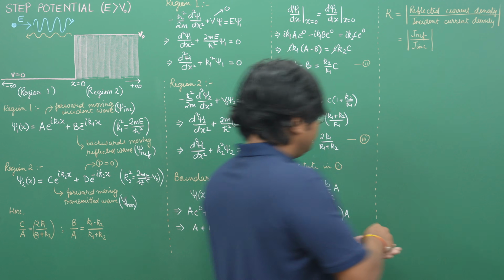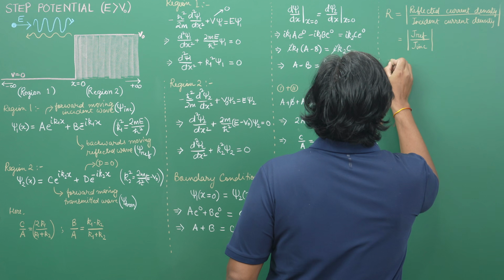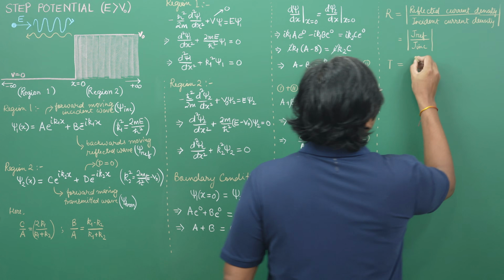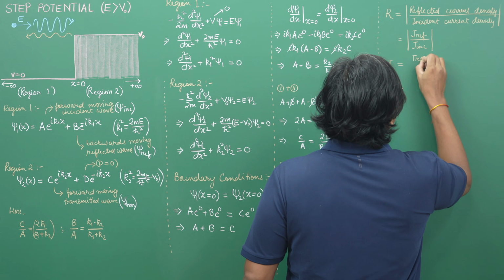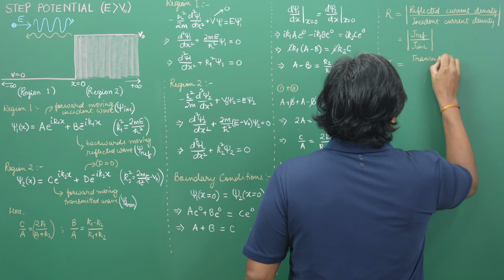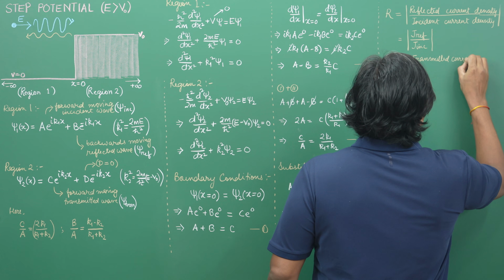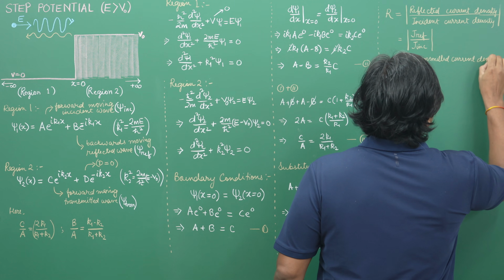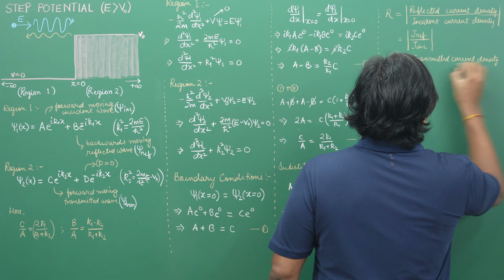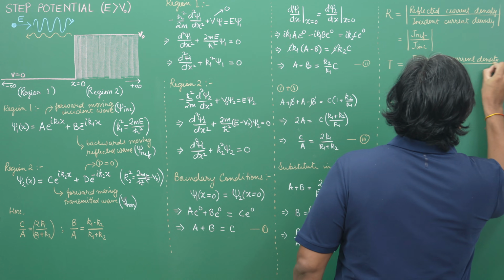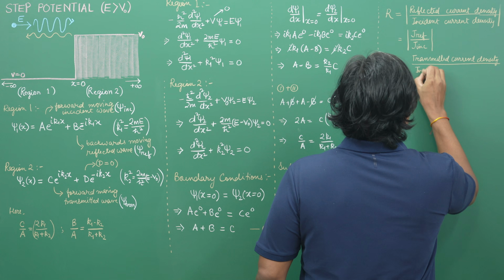Similarly, for the transmission probability T, I need to know the transmitted wave current density. So transmitted wave current density upon incident wave current density.